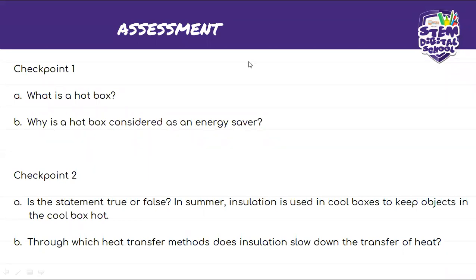So we're talking about energy saving objects, and then the hot box is an example. And the question is, what is a hot box? Why is a hot box considered as an energy saver?